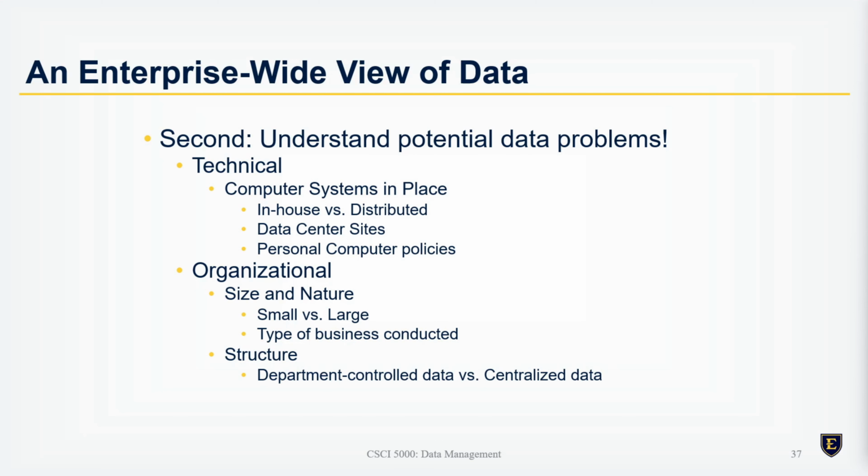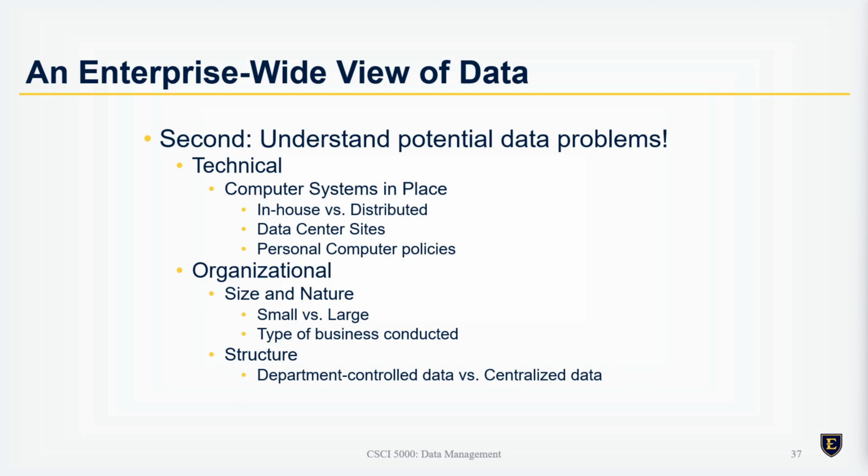So the type of business conducted is also important to understand because that has legal implications. For example, the legal matters surrounding health information. So that's the HIPAA law that we have here in the United States. And it's very strict about how you can share information and what information you can share about medical records.